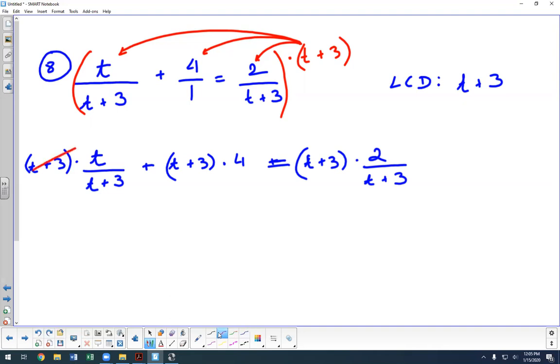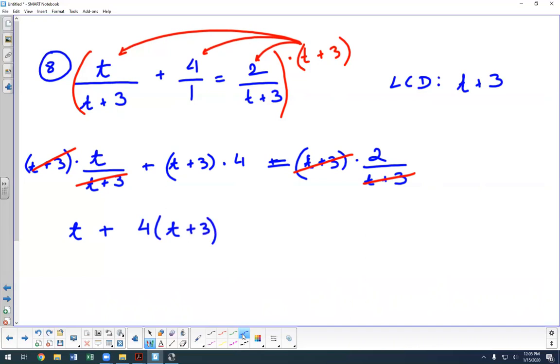So like I said, the first one, t plus 3 and t plus 3 will cancel out. The last one, t plus 3 and t plus 3 will cancel out. From our first term, the denominator canceled out, so you're only left behind with that t. Plus, I have 4 times the t plus 3. For now, I'm actually just going to leave it as it is.